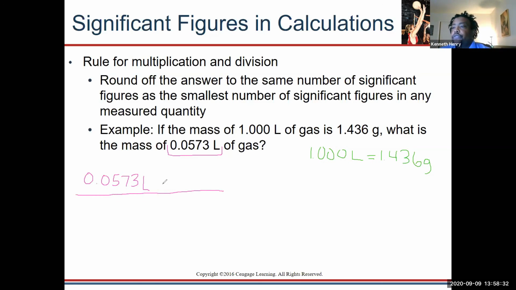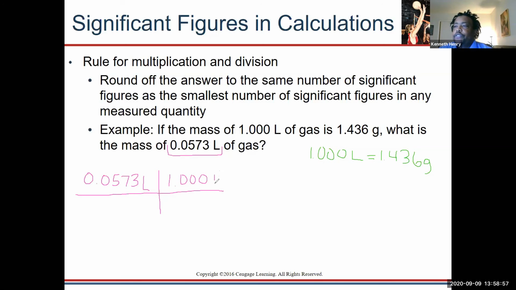How am I going to use this? So I have this nice equivalency. How am I going to use that nice equivalency? Put the 1.00 liters right next to the other liters. Volume. Okay, so I'm going to ask you another question.